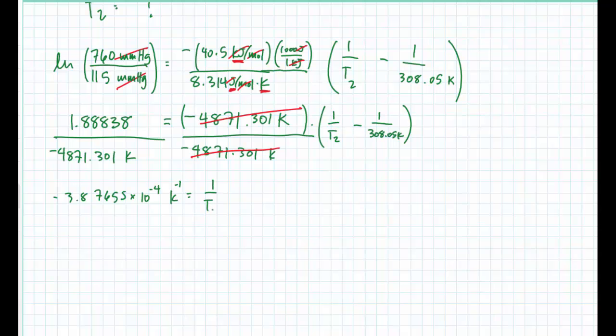1 over T2 minus 1 over 308.05 Kelvin. What did somebody get for equal 1 over T2? Just doing the addition here. That would do that.